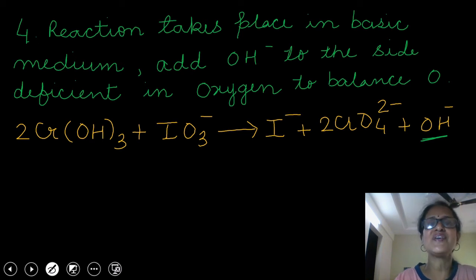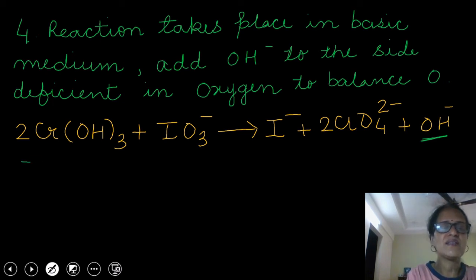But at the same time, we have to add the same number of hydroxide ions to the opposite side. So now we will check the number of hydrogen atoms in reactant and product side.